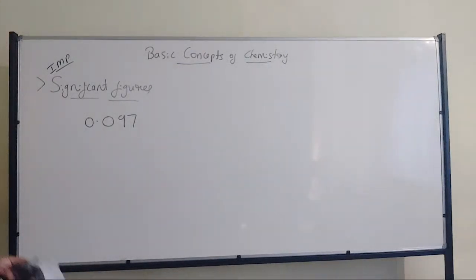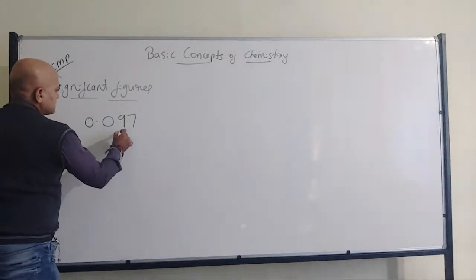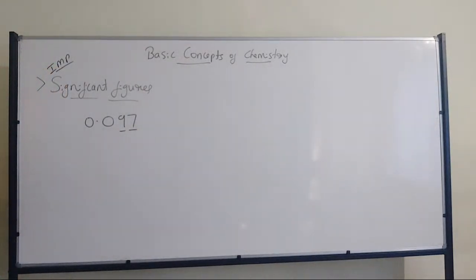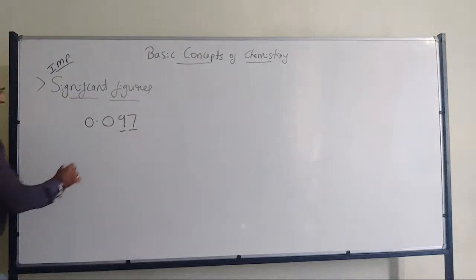Okay, so all of you are telling 2. Very good. So that is 9 and 7, so it will be 2 significant figures.